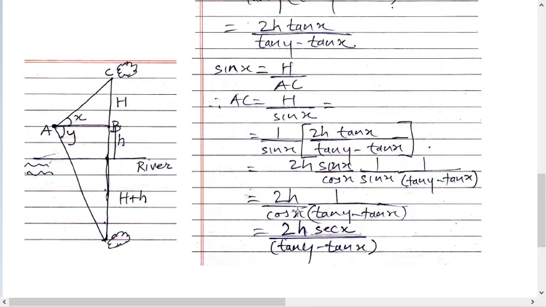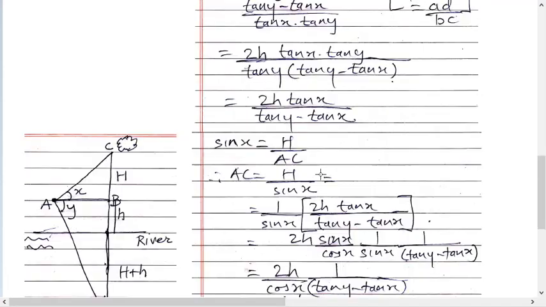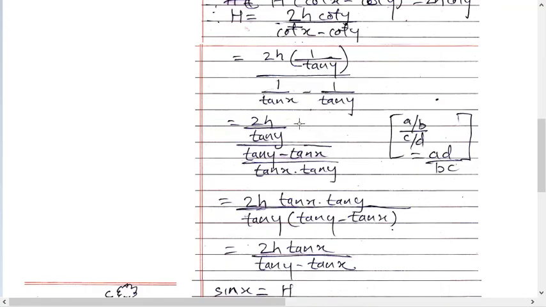Now check what is given in the exam. Generally it's given as 2h sec x upon tan y minus tan x, where cos x is converted to sec x. Generally these are the answers given, but it depends on what your exam answers are. If they are given in terms of cot, then convert to cot. If in tan, then convert to tan from here itself.